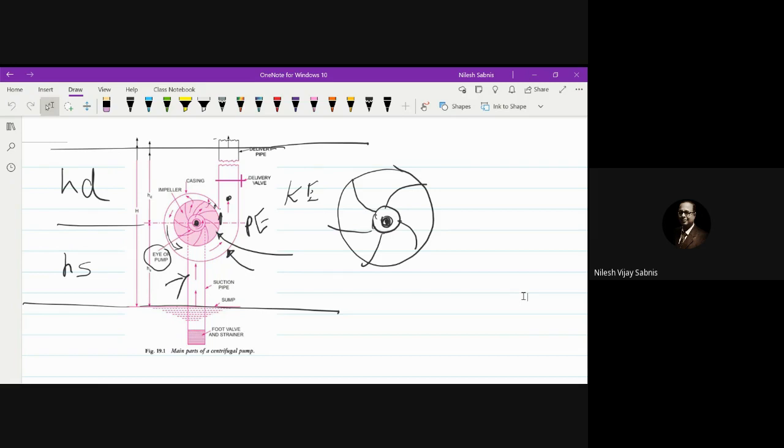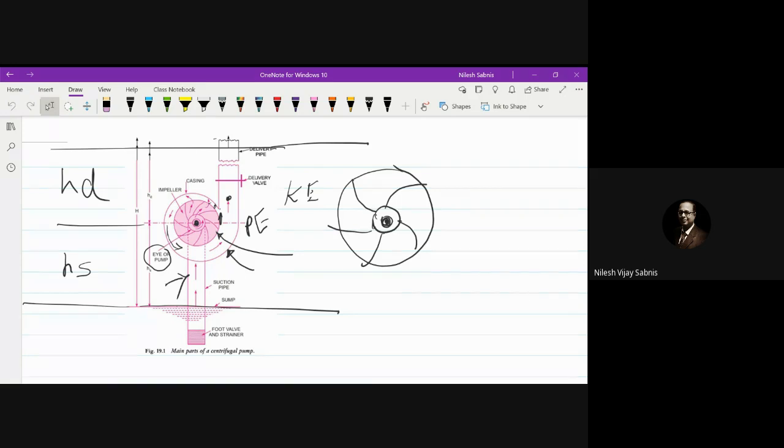So the concept is simple. The concept of impulse turbine we have seen. As we know the working of centrifugal pump now, a centrifugal pump works exactly opposite to the reaction turbine. In the reaction turbine, water is coming from outside to inside.